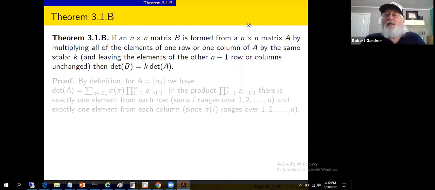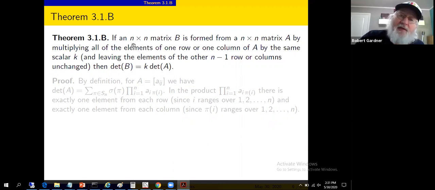All right, let's do something else to matrices. Theorem 3.1.b says if I multiply a row by a constant, that changes determinants, but it changes them by a factor of k.